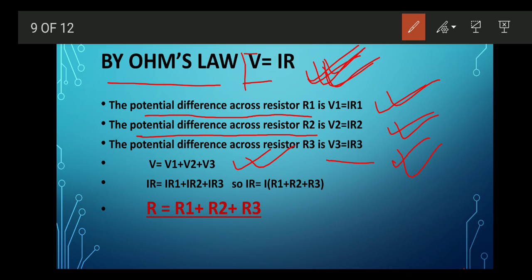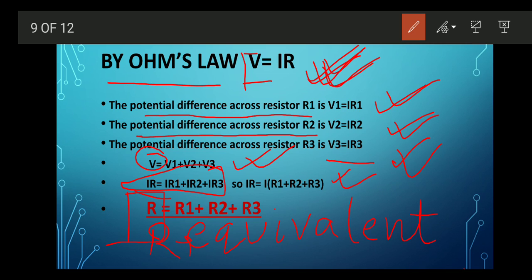So putting the values, what we will get? In place of V, I have written IR, where I represents the current through the circuit and R represents the equivalent resistance of the series combination of resistors, this capital R. And R1, R2 and R3 are the three resistors.